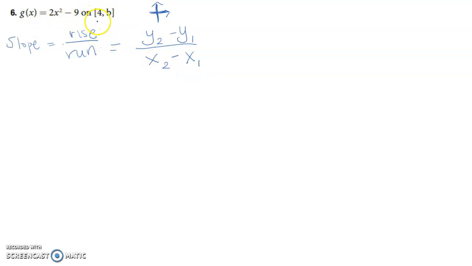This is given on this interval, which is the x, this is the domain. So let's find out what value we get after we plug in 4. We're trying to find the y values. So what is g of 4? When x is 4, we're going to get 2 times 4 squared minus 9.